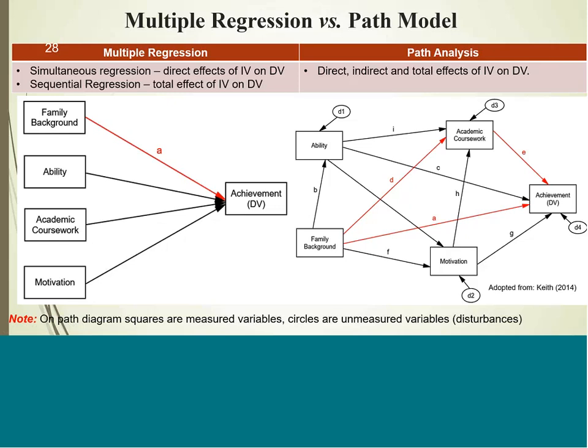So this is very convenient, and those circles that you see are the error terms. In any measurement, as Armando mentioned, there are errors, and we have to measure them as well, because they are also included in any analysis that we conduct.